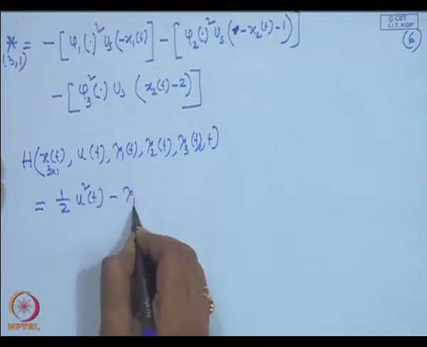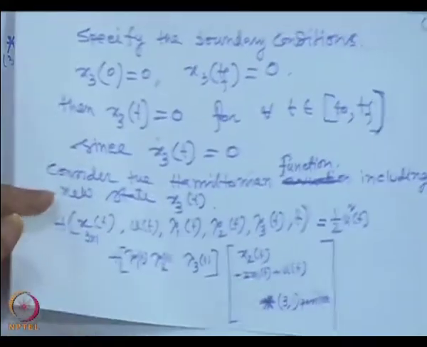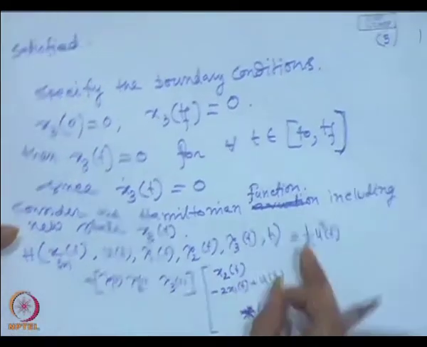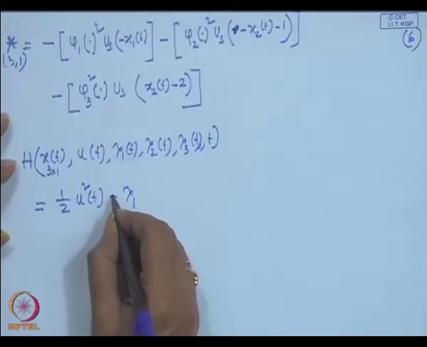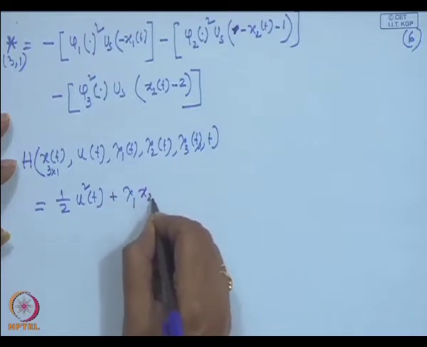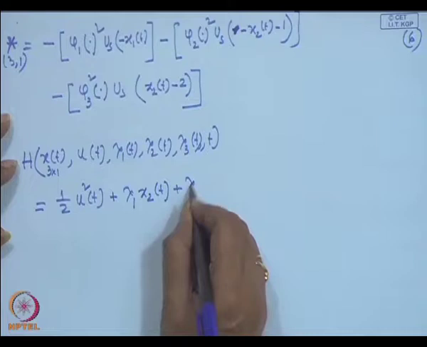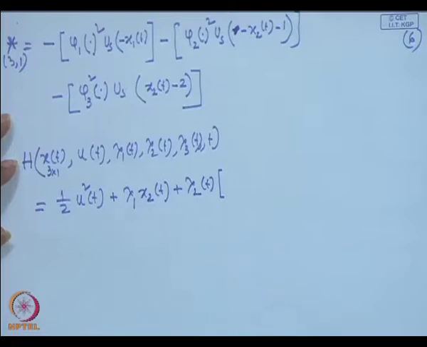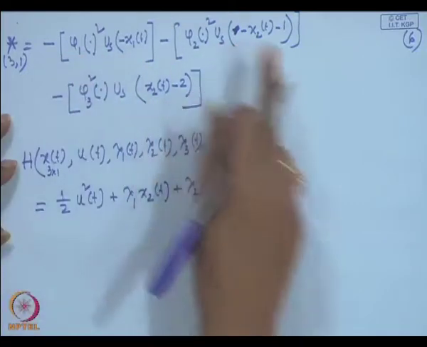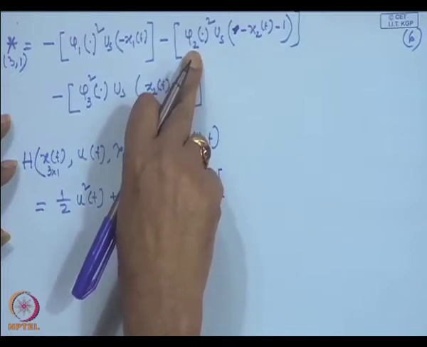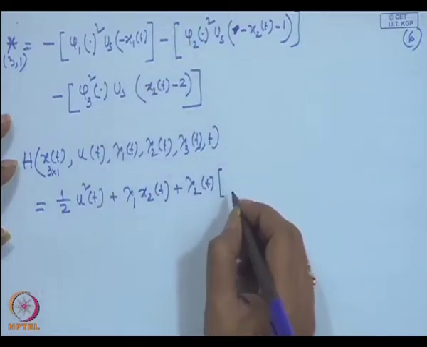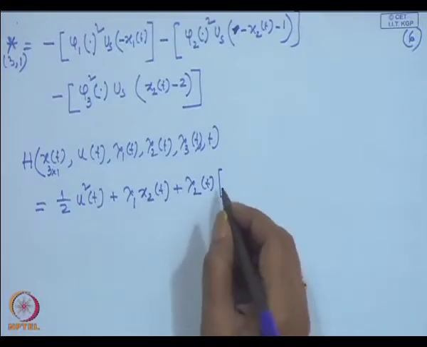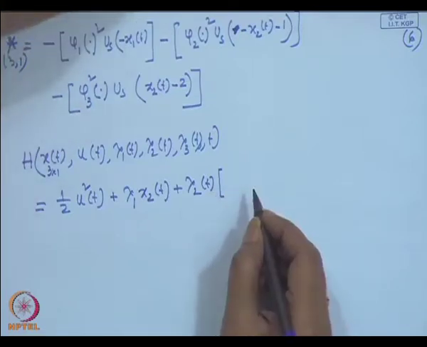Minus lambda 1 into x 2, plus lambda 2 into, what is the value of that? Lambda 2 psi 2 value is minus x 2.